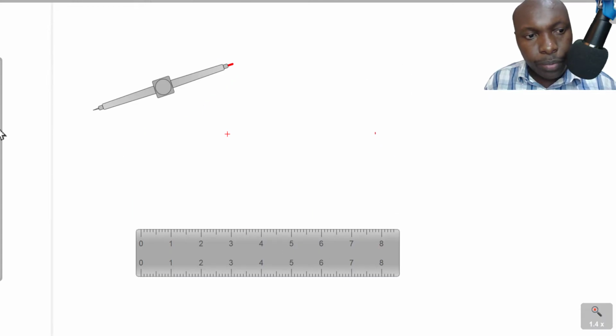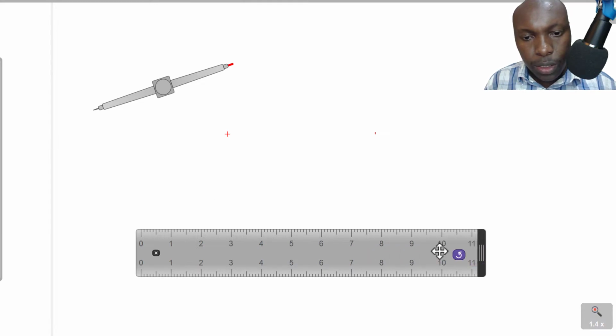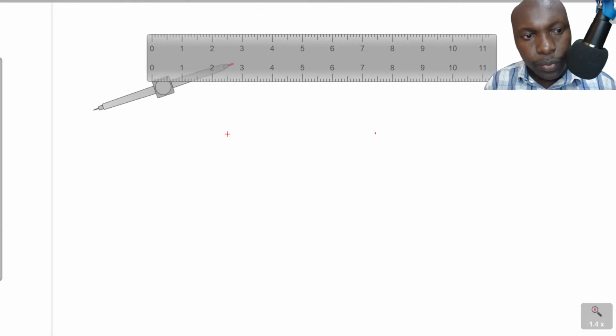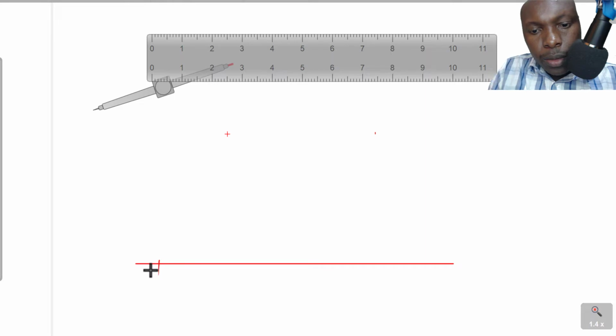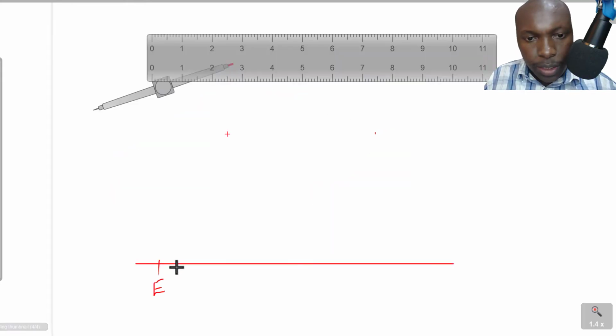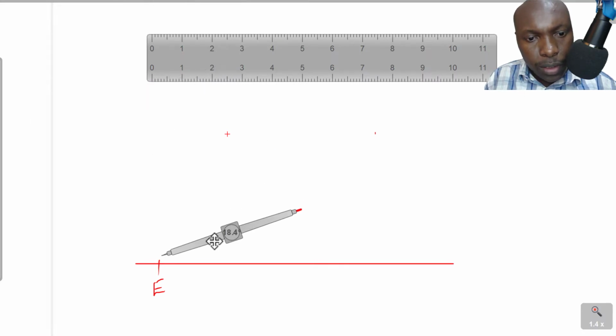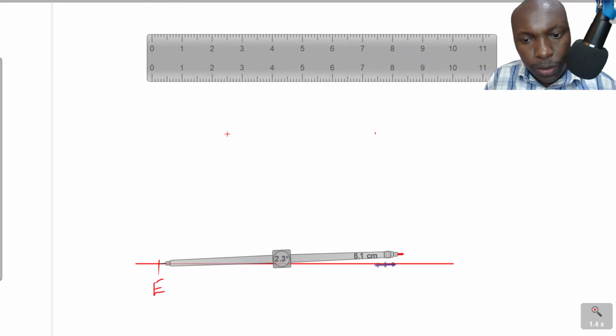I have a ruler and a pair of compasses here. I begin with a straight line, and mark point E. I need 10 centimeters to do this, so 10 centimeters for AE.